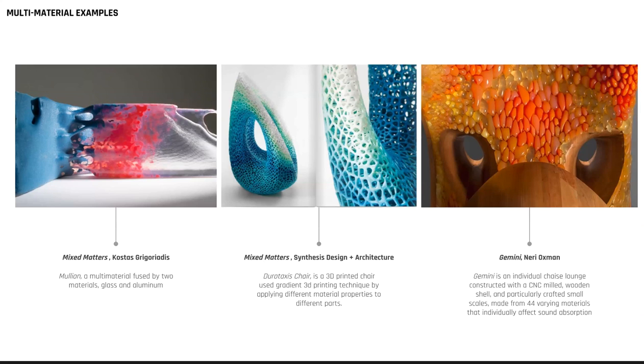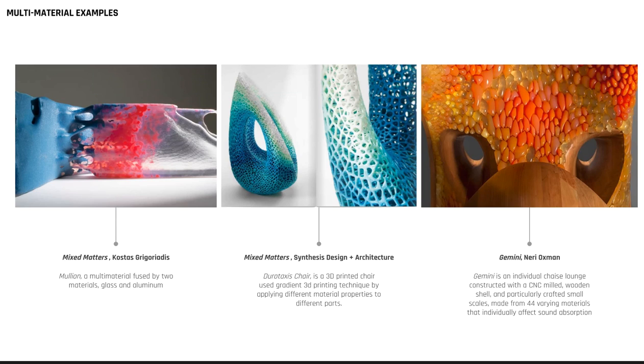These are a few examples. Other people have been exploring multi-material. Costas explored how he can fuse aluminum and glass for his project on mullion, and Mixed Matters did a synthesis design chair.